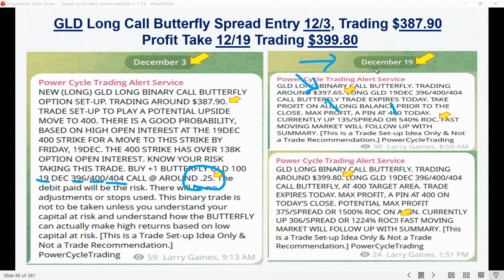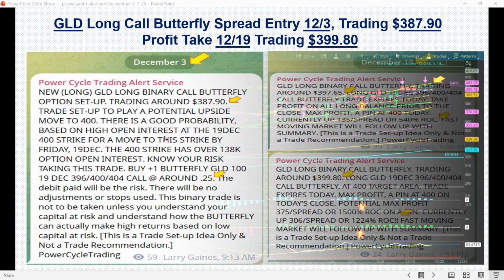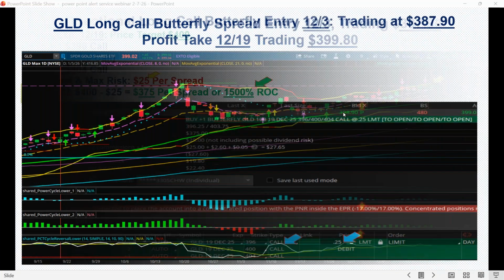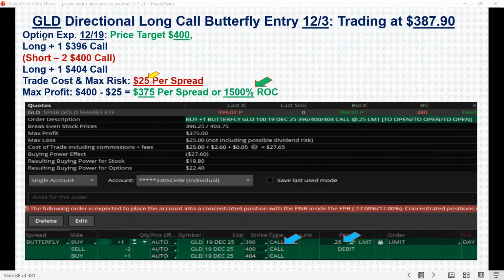And then here it was later in the day, about 1:51 p.m. It was trading at 399.80. So now an update that the trade is currently up $306 per spread or over 1,224% return at that point in time. All right, so this was the binary pinning butterfly that was set up here, looking for a pin to potentially 400.